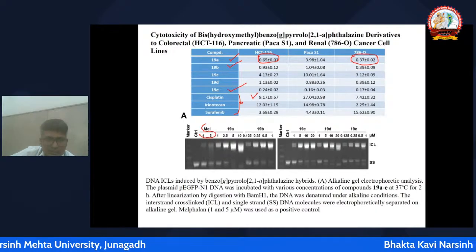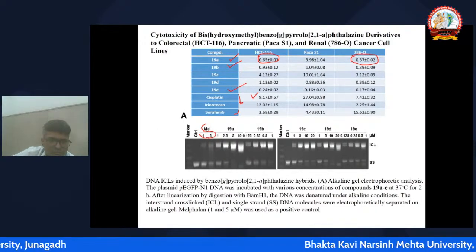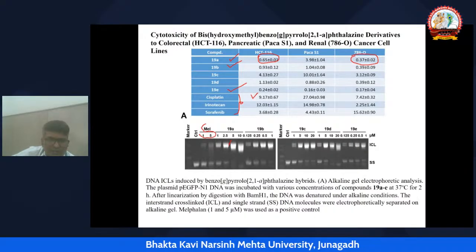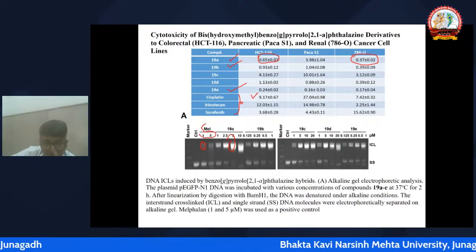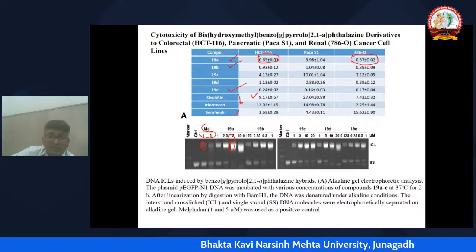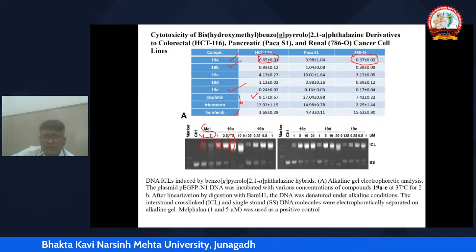So we can see that for 19A, at 1 micromolar concentration of the standard drug melphalan, our compound 19A gives a promising biological activity.